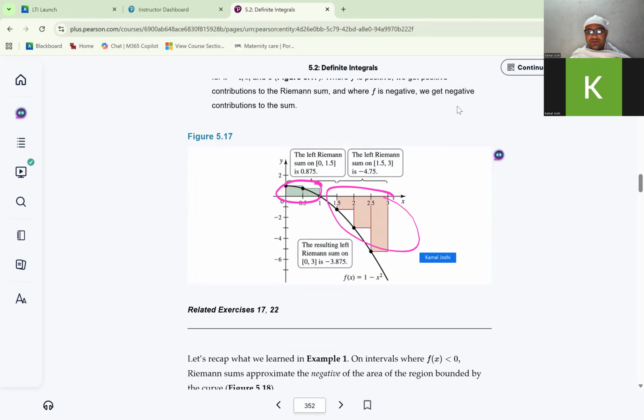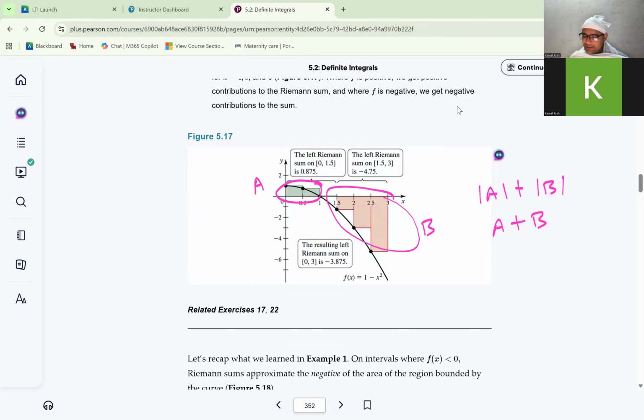So when we try to add up, let's say this is A and this is B, there are two things you can look at. One is the absolute value of A plus the absolute value of B, and the other one is A plus B, simply adding.